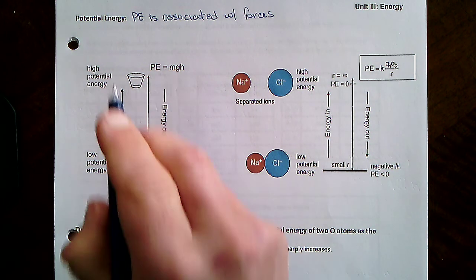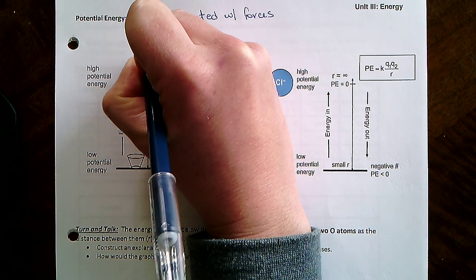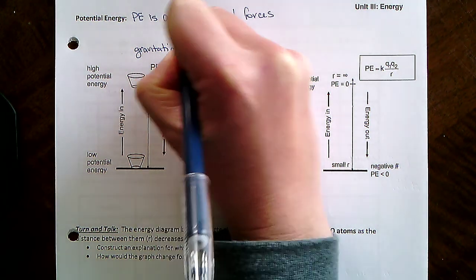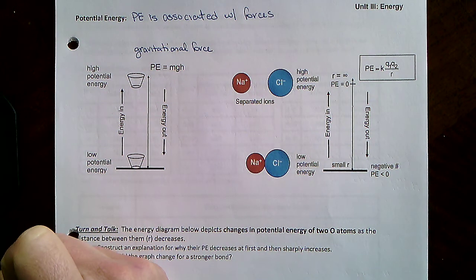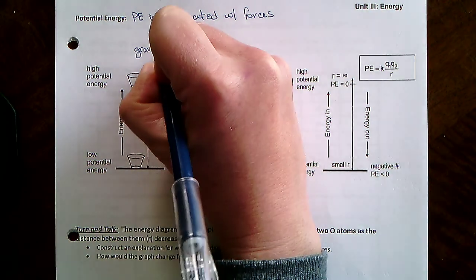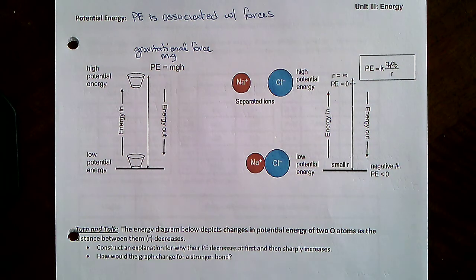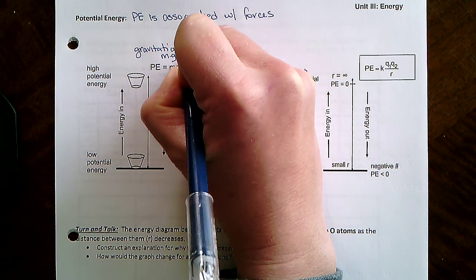In gravitational potential energy, we're talking about the gravitational force applied over a distance. So the gravitational force is mass times acceleration due to gravity applied over a certain distance, which is the height.